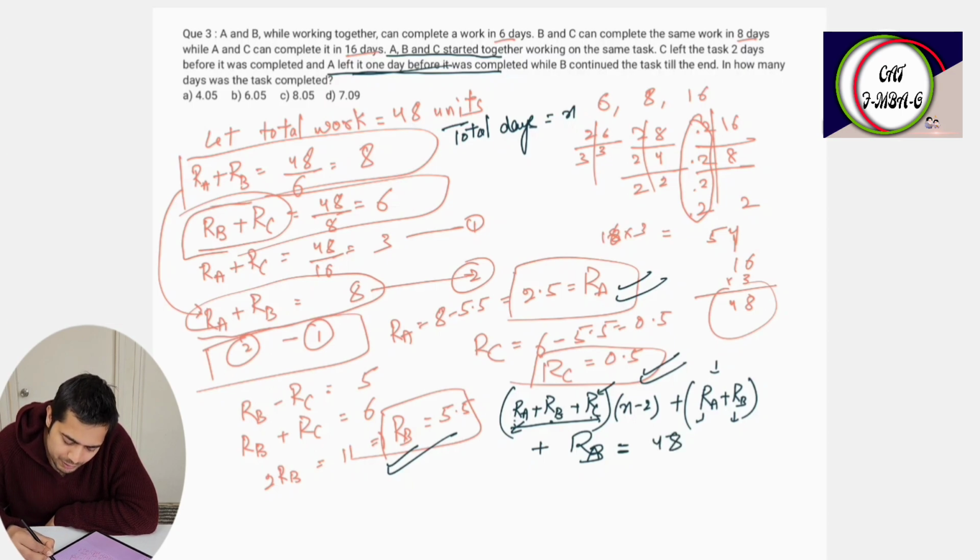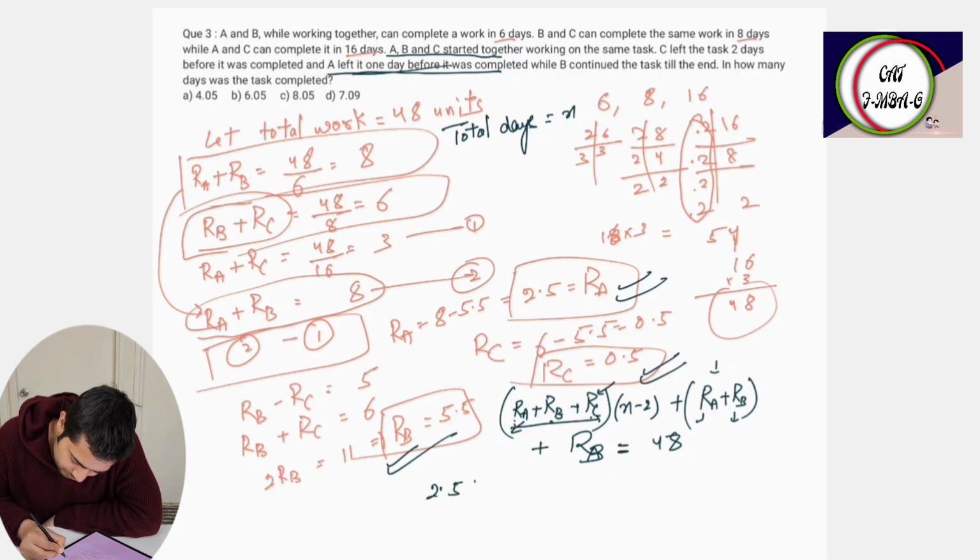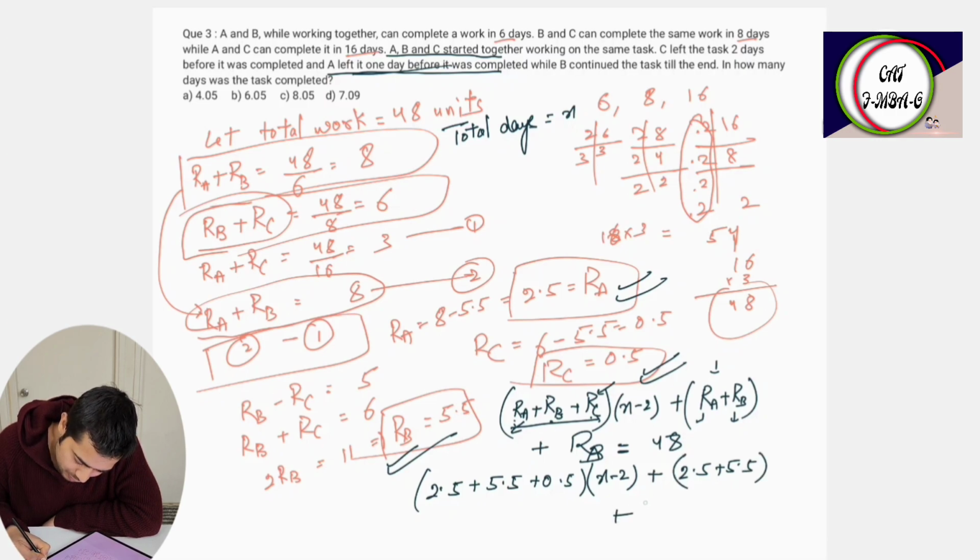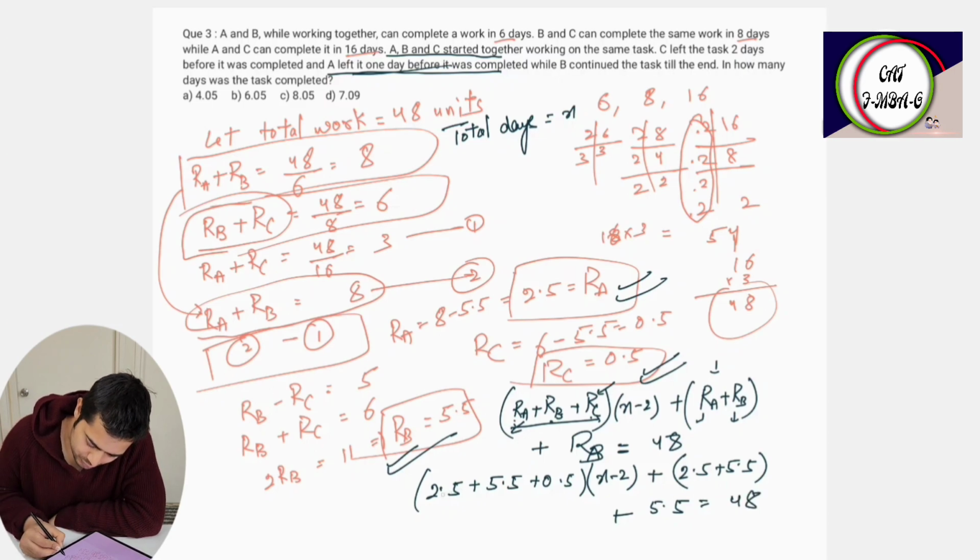So RA plus RB plus RC, which is 2.5 plus 5.5 plus 0.5, into X minus 2, plus RA plus RB, 2.5 plus 5.5, plus only RB 5.5, is equal to 48.